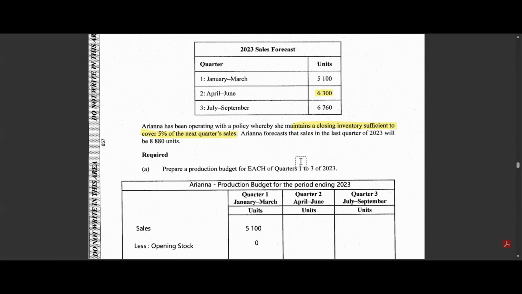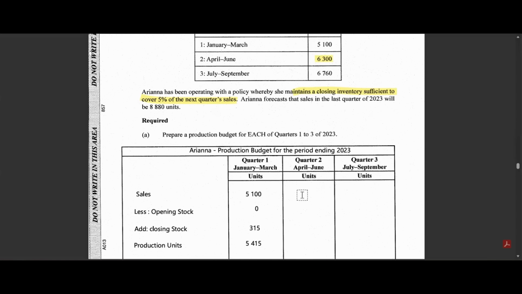Now, sales in quarter two would have been 6,300. So I'm going to put that here. Opening stock. Now, remember, guys, closing stock in one period will be the opening stock in the next period. So opening stock in quarter two will be 315. Our closing stock in quarter two will be 5% of the sales in the third quarter.